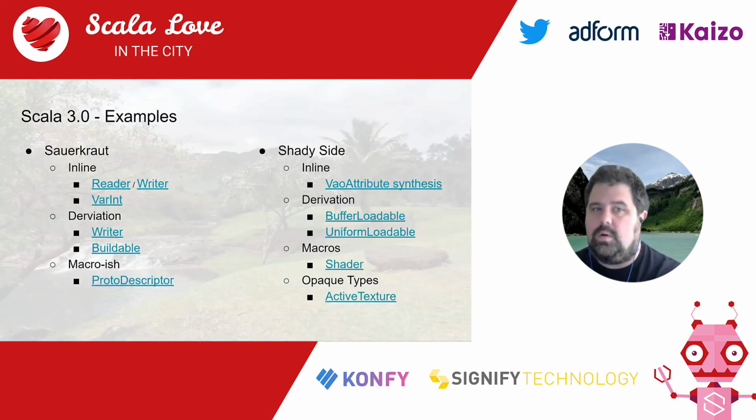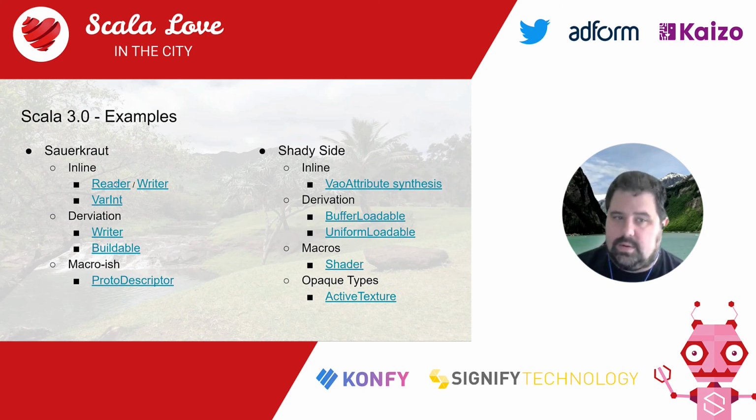Also, if you want to know some Scala 3 examples from these two projects that we've been hammering on, Shady Side uses inline. There's some derivation examples, some macro examples, some opaque type examples if you want to see them. For Sauerkraut, there's a lot of inline. The stuff I was showing about how to do big little endian is actually completely available in here. If you want to do big little endian encoding with UTF-8 reading and writing with var-ints from protocol buffers, it's all there. It's available.